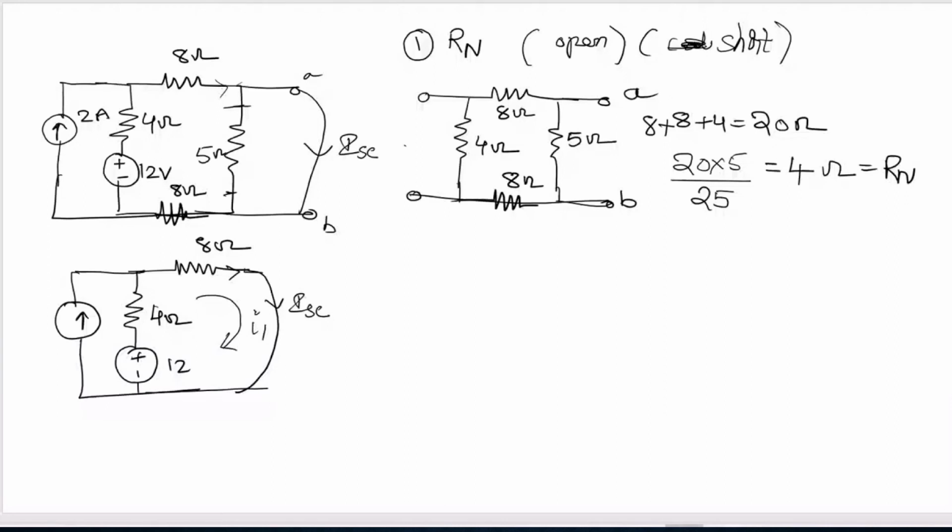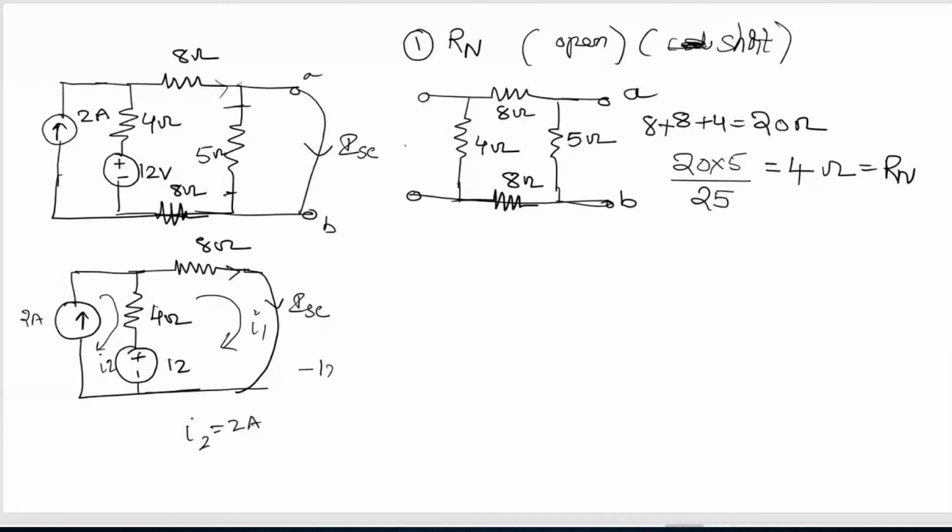So minus 12 minus 8 is minus 20, which you send to the other side. So 12 I1 is equal to 20. So I1 is equal to 20 by 12.